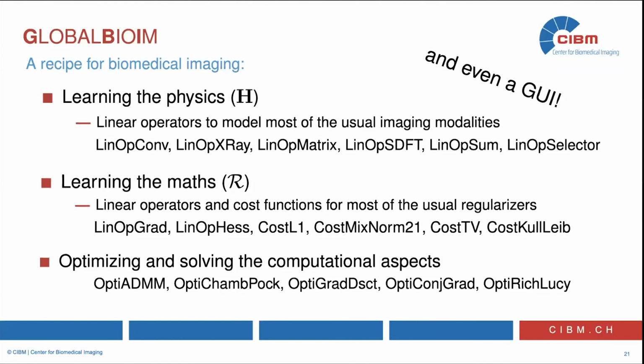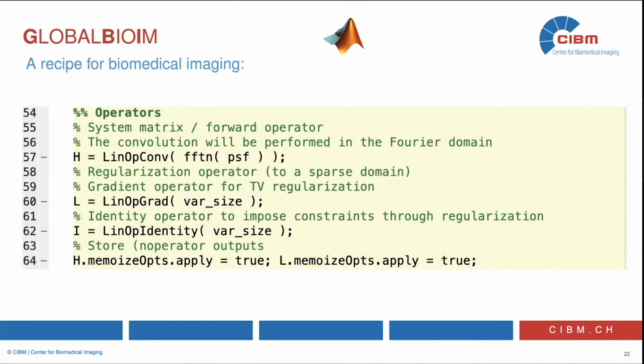So you basically load your data and you can select from a menu which is your physics, which is the math you're going to use, and which optimization iterative algorithm you want to use. This is a very simple few lines of code to see how easy it is to solve the 3D wide field microscopy problem in GlobalBioIm.